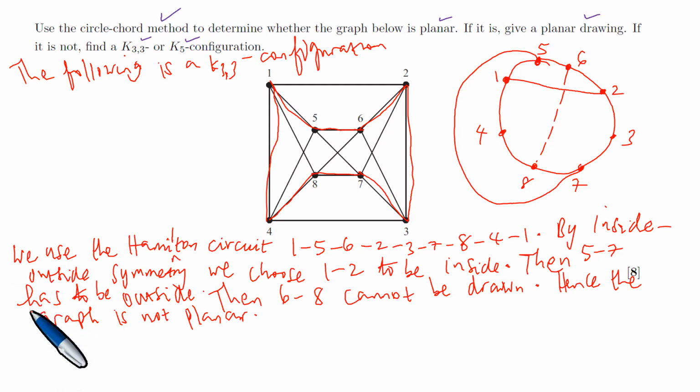The following is a K33 configuration of the graph. What is the K33 configuration of the graph?